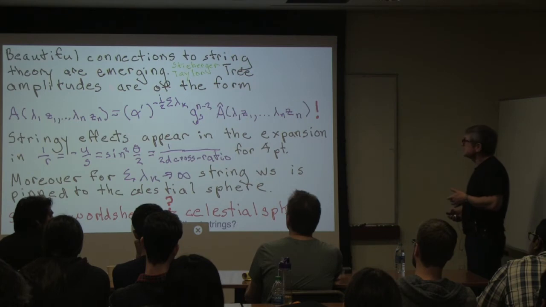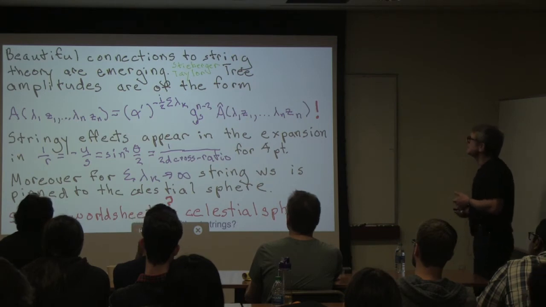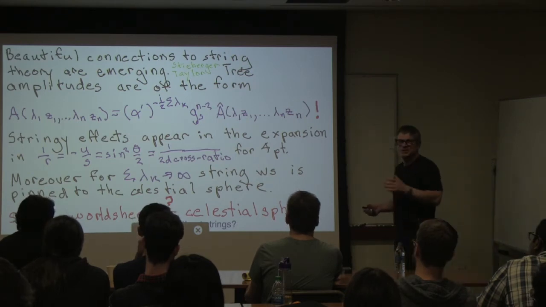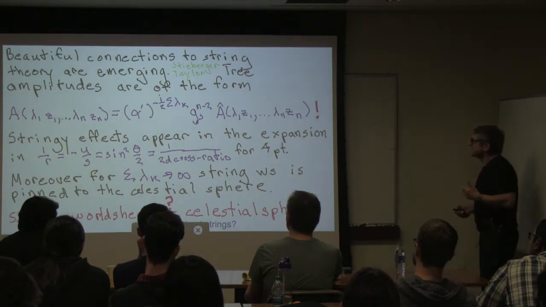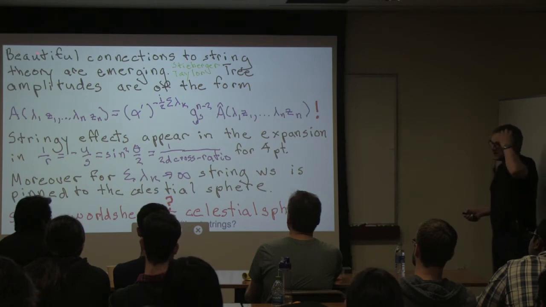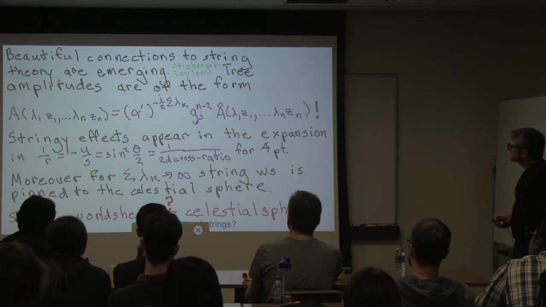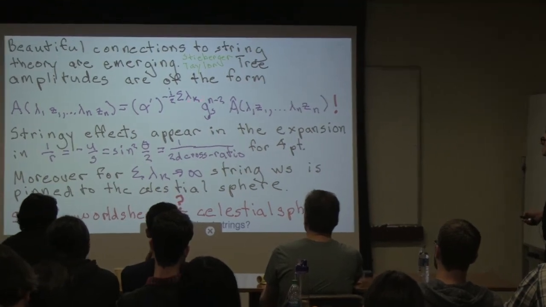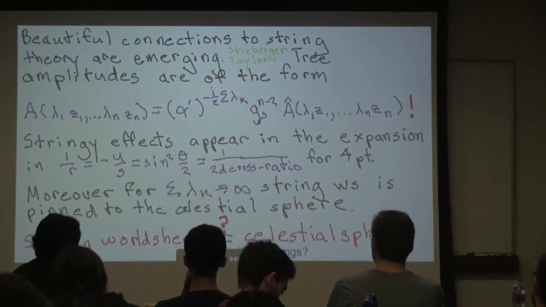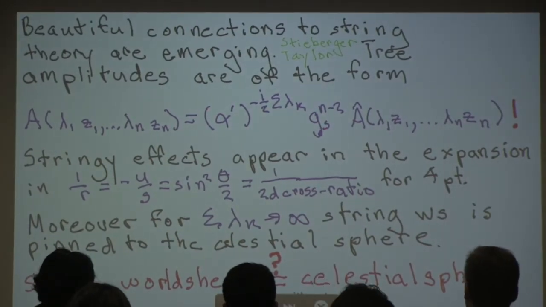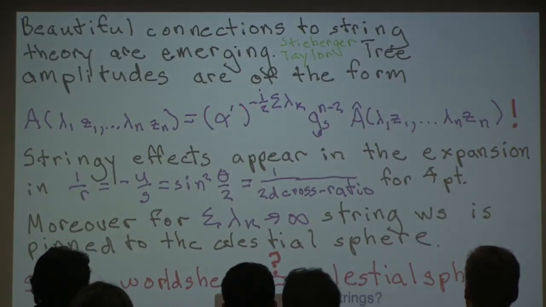Now, I just want to say, I think this is the only slide or blackboard on string theory in this string theory conference. But there are beautiful connections to string theory emerging. Stieberger and Taylor looked at this. Alpha prime appears only as an overall normalization factor because lambda is dimensionless, so you can't have an alpha prime in there.